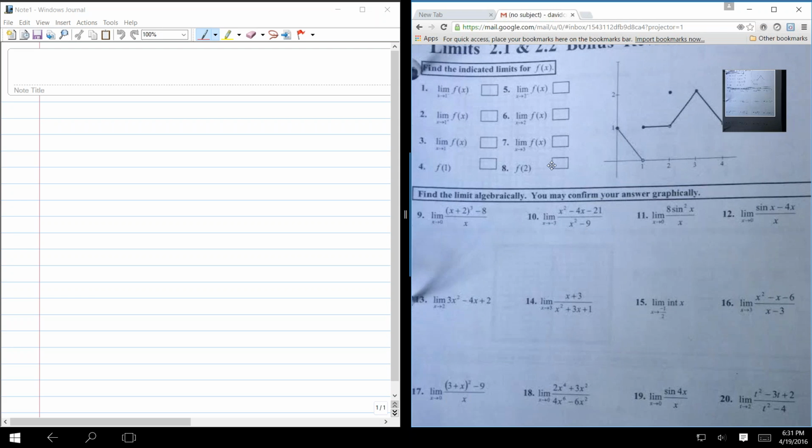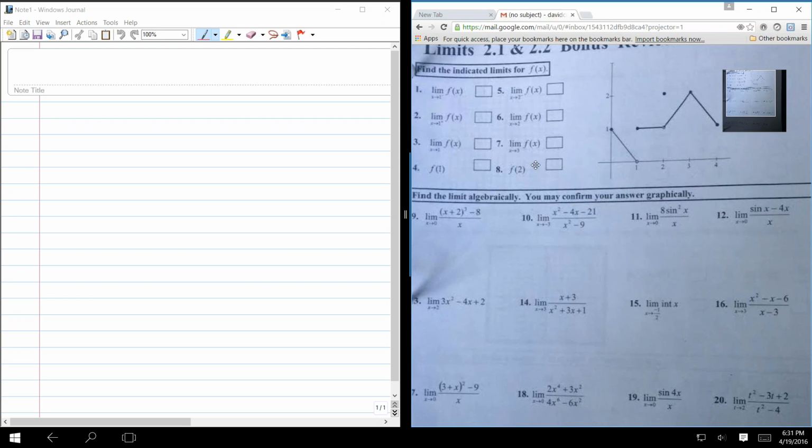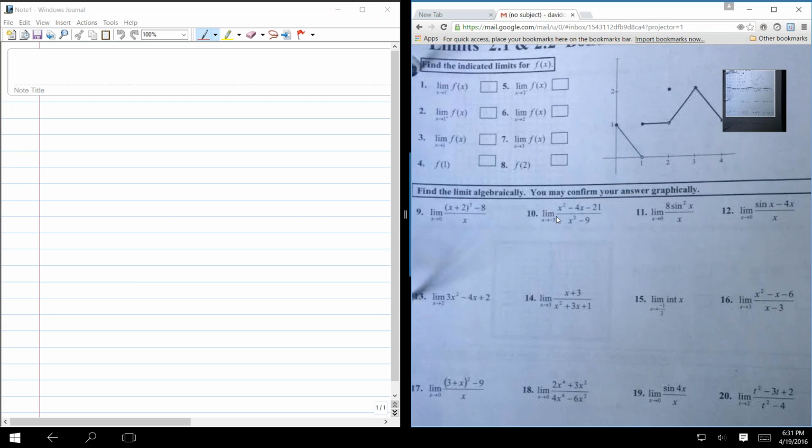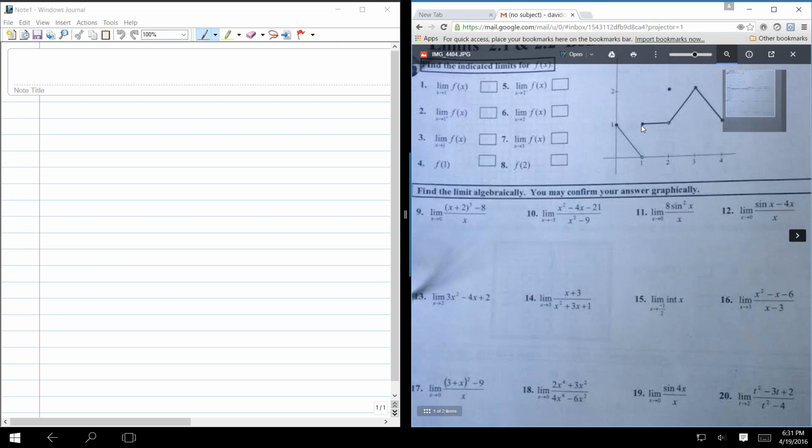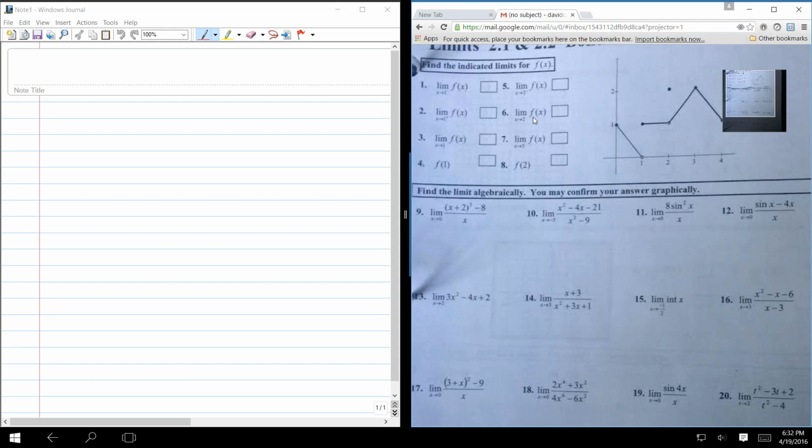Correct. So what's the limit at 1? It doesn't exist. What is f of 1? Would that be 1? Correct. That's that point right there. And it's there rather than there only because it's a closed dot versus the open dot.